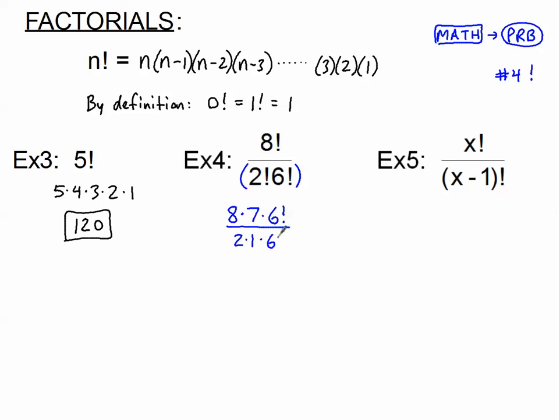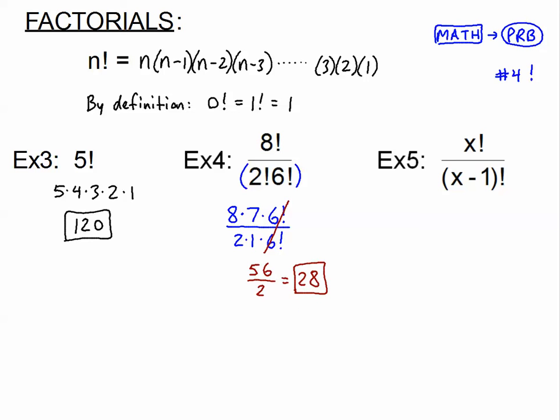And 6 factorial, well, I can ultimately cancel those out because they're common factors. So I don't really need to go that far. 8 times 7 is 56. 2 times 1, of course, is 2. So this is all equal to 28. Go ahead and confirm that on your calculator if you wish, but that's not too difficult to do by hand.